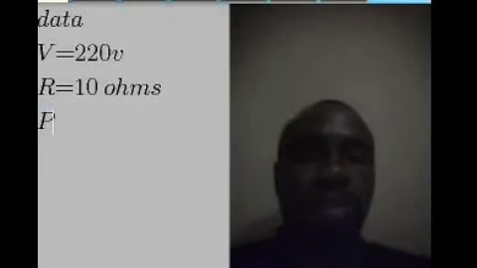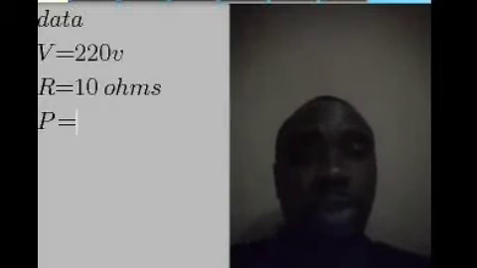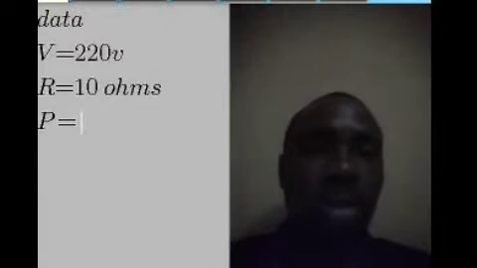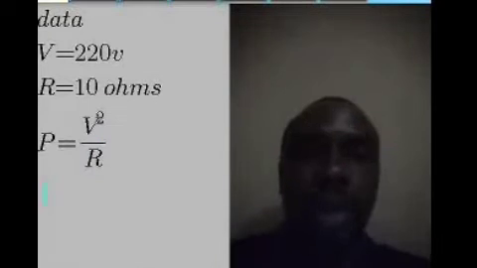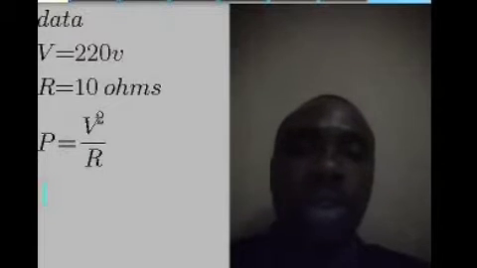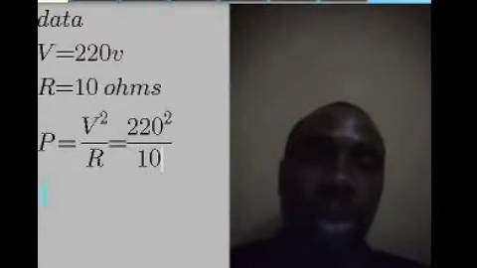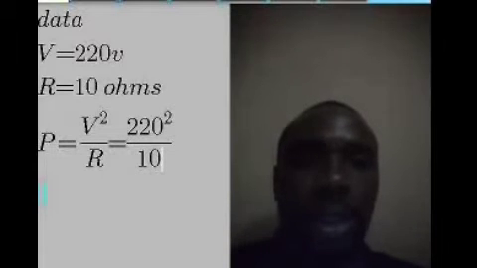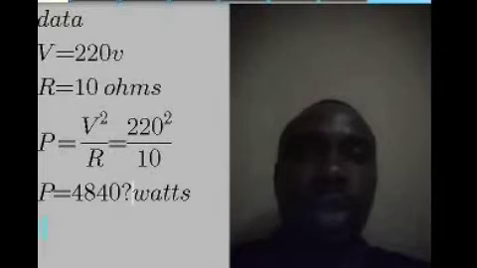So we have P is equal to what? We had a lot of formulas which we derived from the previous section, and if you look at them, you'll be able to see that one of these formulas is the most useful to achieve our aim. So we now have this formula, P is equal to V squared over R, so we have 220 squared, which is our voltage, over 10, which is our resistance. That will give us 4,840 watts.